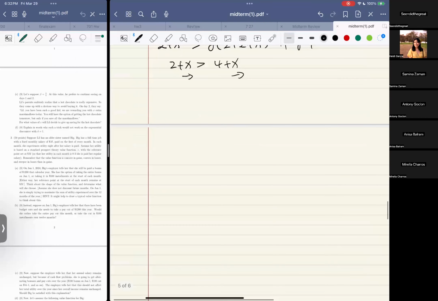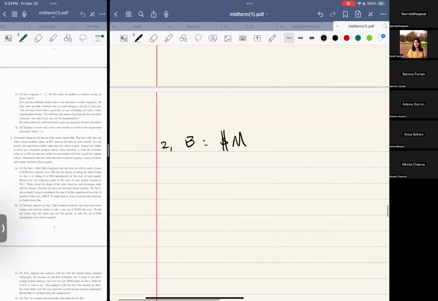Suppose Lily has an older sister named Big. I don't like the naming. Okay, so Big has a full-time job that pays a monthly salary of M, paid on the first of every month.